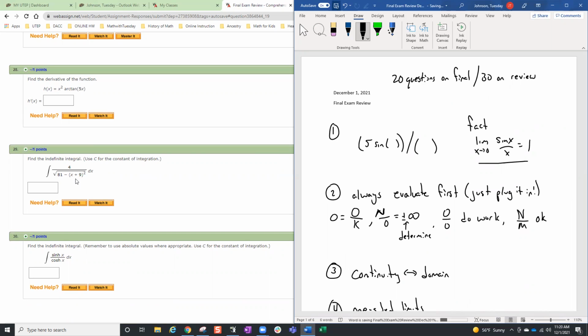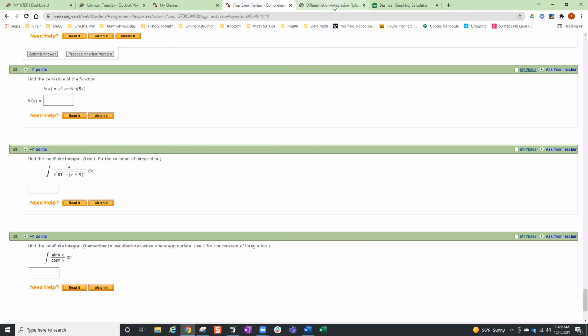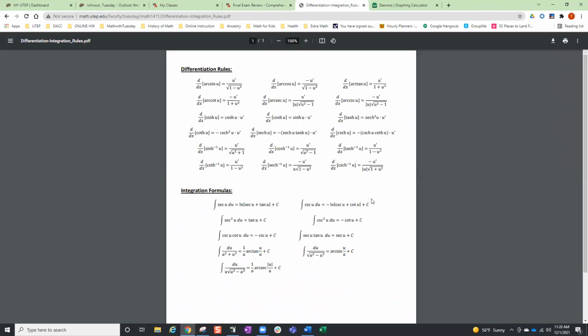Don't forget about this sheet. I posted it on Blackboard in the week 15 folder so that you have access.